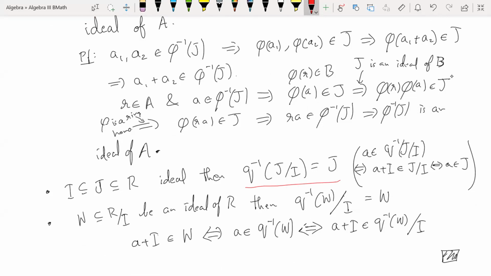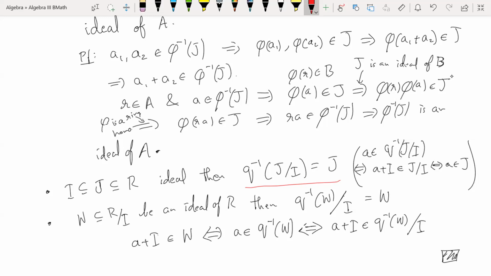If a belongs to Q inverse of J mod I, that means that Q of a, which is the same as a plus I, belongs to J mod I, which implies a belongs to J. And this is reversible. If a belongs to J, then of course a plus I belongs to J mod I, and that precisely means that a belongs to Q inverse of J mod I.